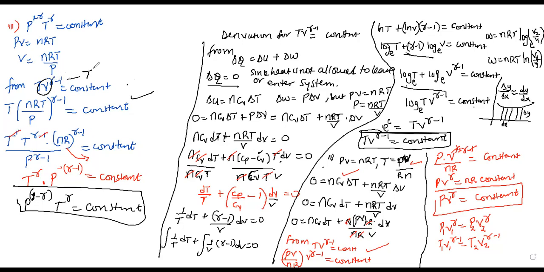V has a power of gamma minus 1, so this part has to come and sit here. So it has sat there. Then you simplify, and hence you would have got the proof.